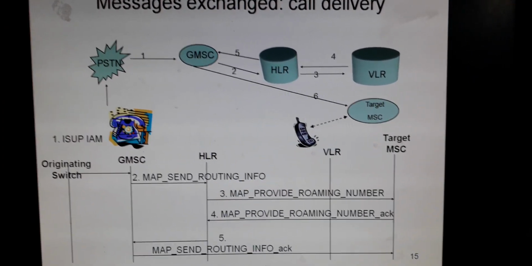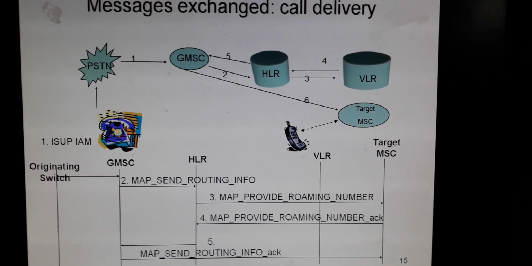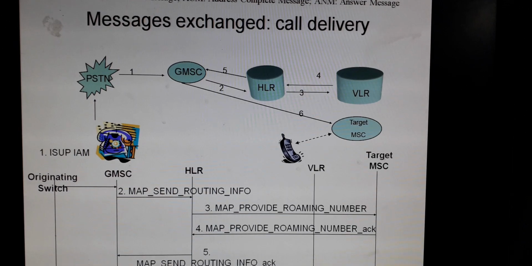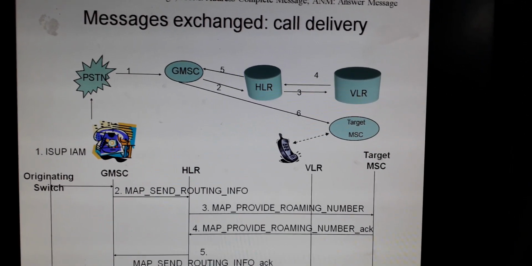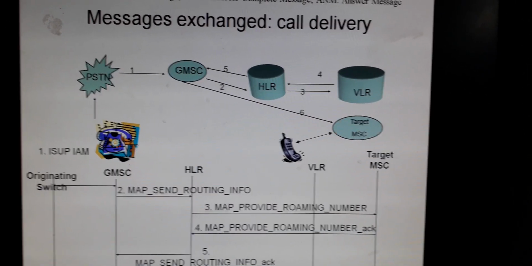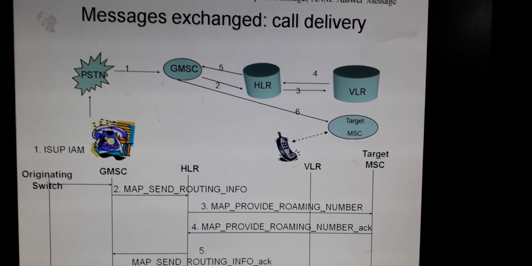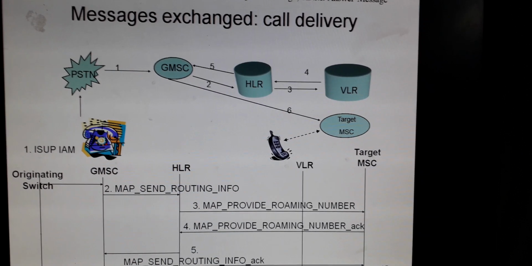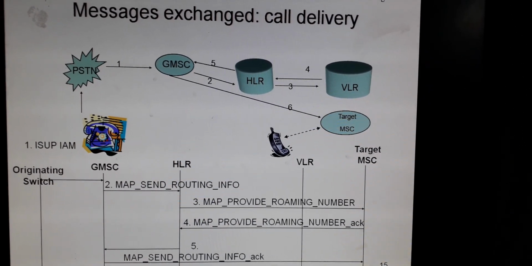In order to invoke these functions, there are some message parts. For example, suppose a landline call is there, then that will invoke the ISDN user part, and then GMSC invokes the message application part.